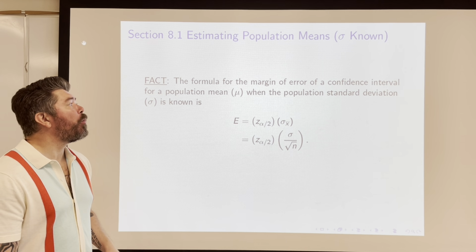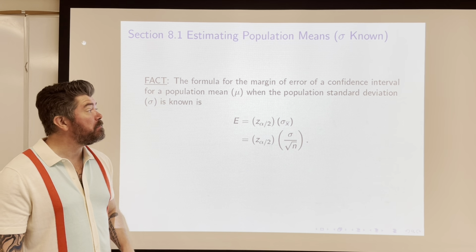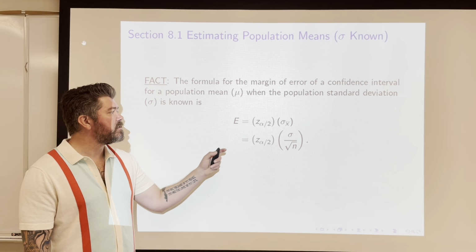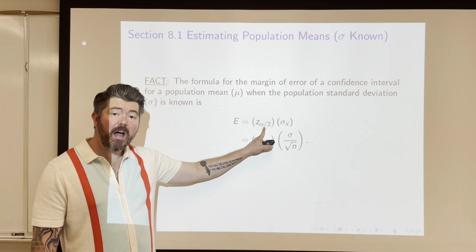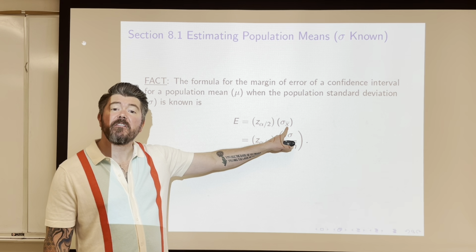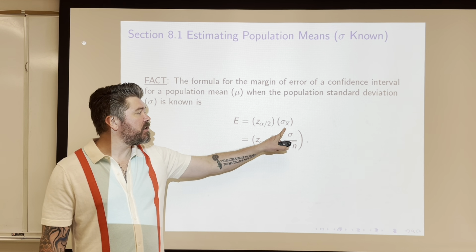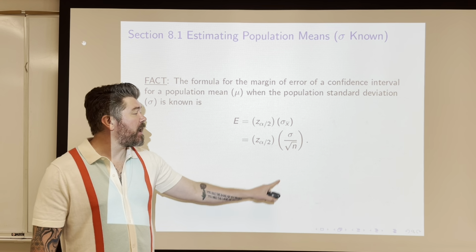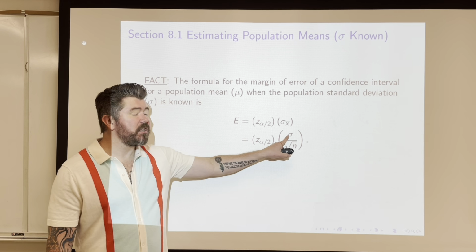Now a fact: the formula for the margin of error of a confidence interval for a population mean, mu, when the population standard deviation sigma is known, is the error equals our critical z value times our standard deviation for our sampling distribution of sample means. Now, if we remember from chapter 7, our standard deviation for our sampling distribution of sample means is sigma over root n, where sigma is the standard deviation of our population distribution.